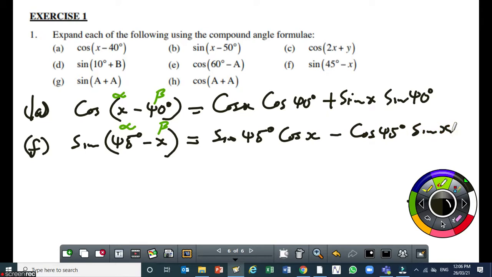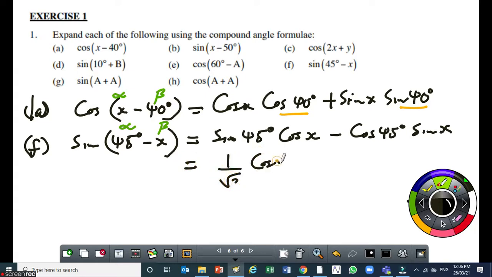Now, fortunately, that cos 45 and the sine 45 are special angles, so I can carry on. In the first example, I cannot carry on because 40 degrees is not a special angle. But here I can carry on because I know that sine 45 has got a specific value, and that value is 1 over square root of 2.